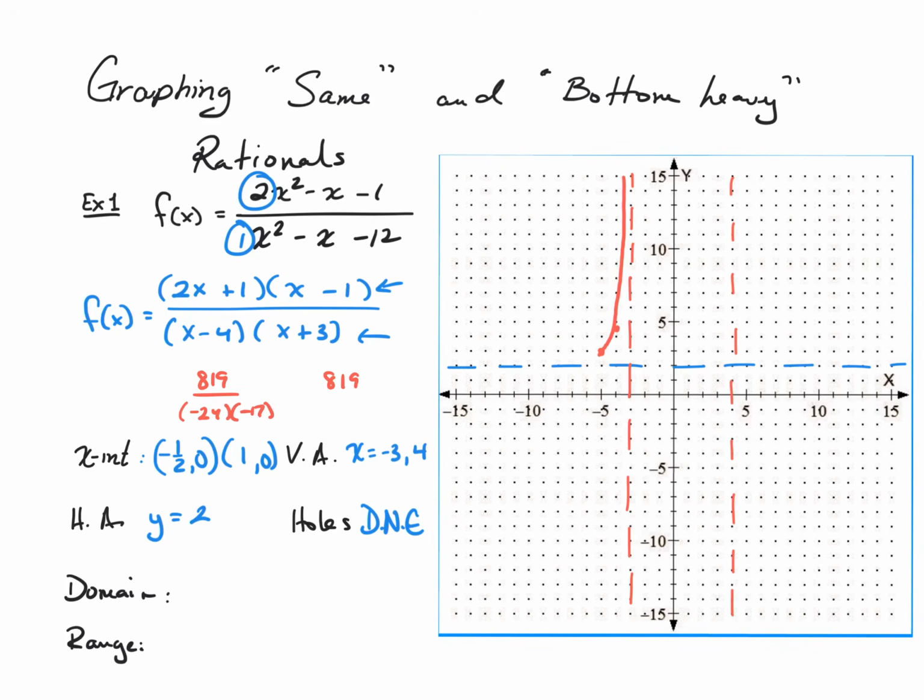So I get 819 divided by 408. Taking 819 divided by 408, I get a number slightly bigger than 2, which is important because then I'm going to presume that I'm not actually going to cross this horizontal asymptote, and there you go. So there's that left part.